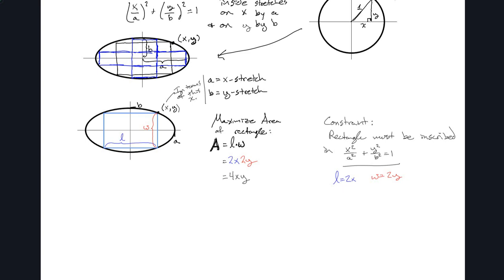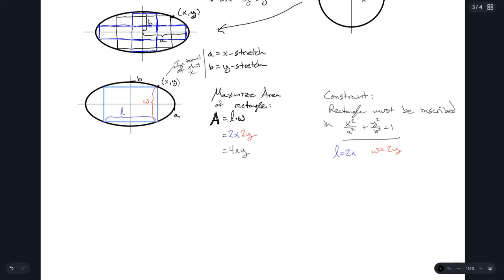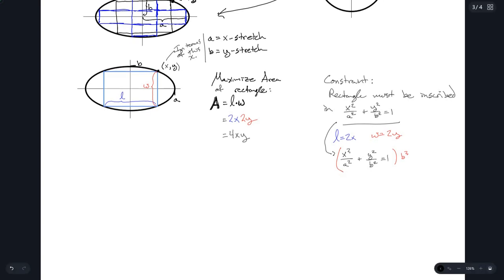x and y. So I want to eliminate one of them, and we're going to do that by taking our constraint equation and solving for, I'm going to solve for y, so everything is in terms of x. So I'm going to start by multiplying, let me just rewrite this. I'm going to start by multiplying both sides by b squared, and that's just to clear out that little denominator there.